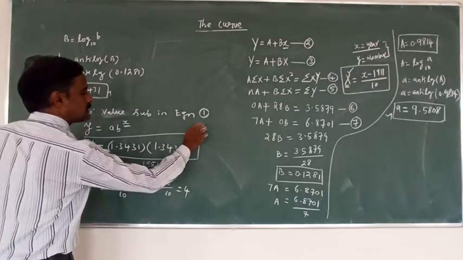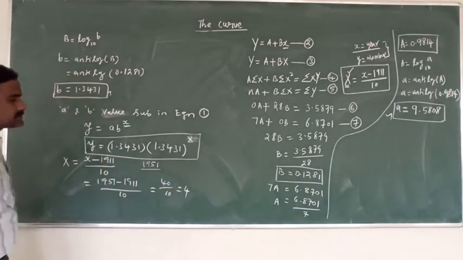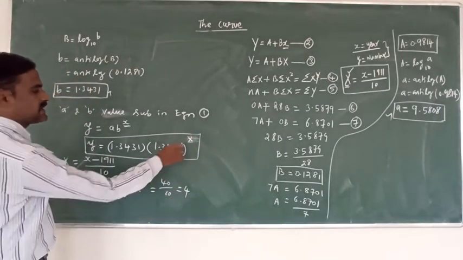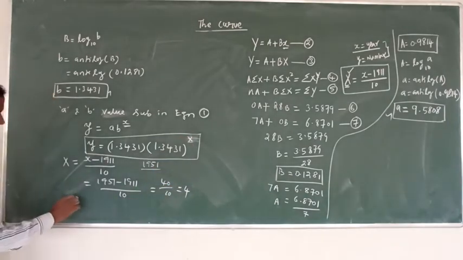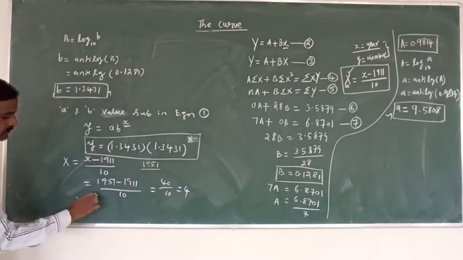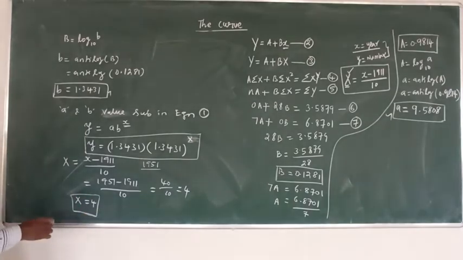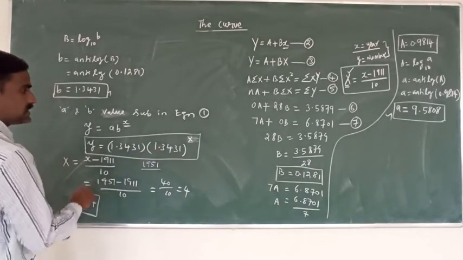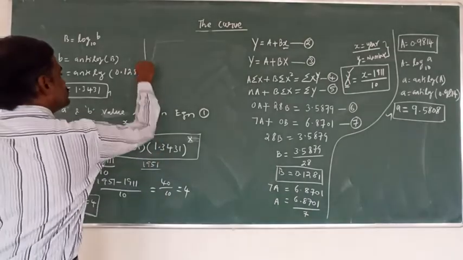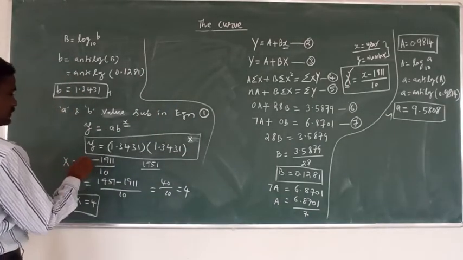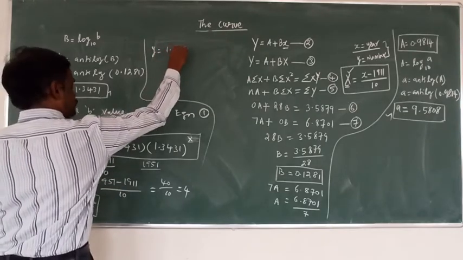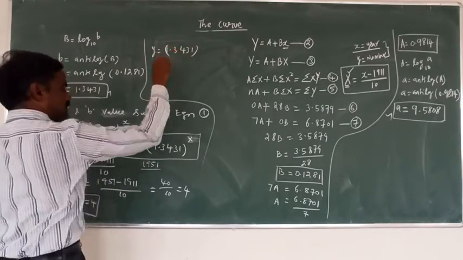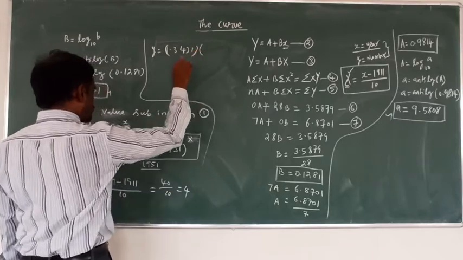Okay, this is for capital X. Now we can substitute here y equal to 9.5808 and then within bracket 1.3431.